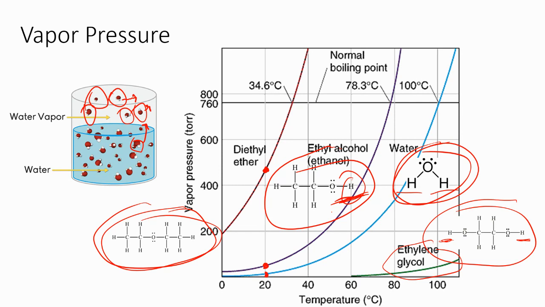When you increase the temperature, you're making molecules move faster. They have more energy. They have more energy to break their intermolecular forces and to escape the liquid phase and to become gas particles. When they become gas particles, they cause pressure. That's why the vapor pressure is higher.